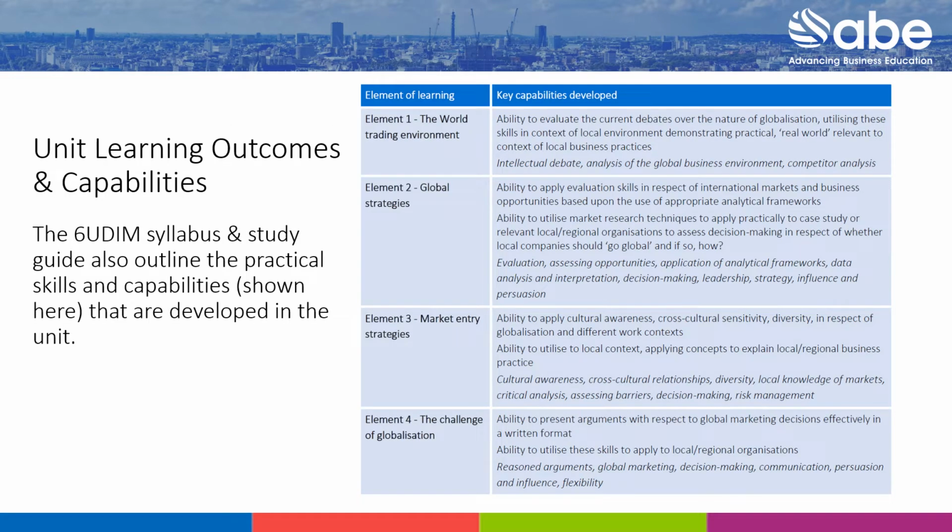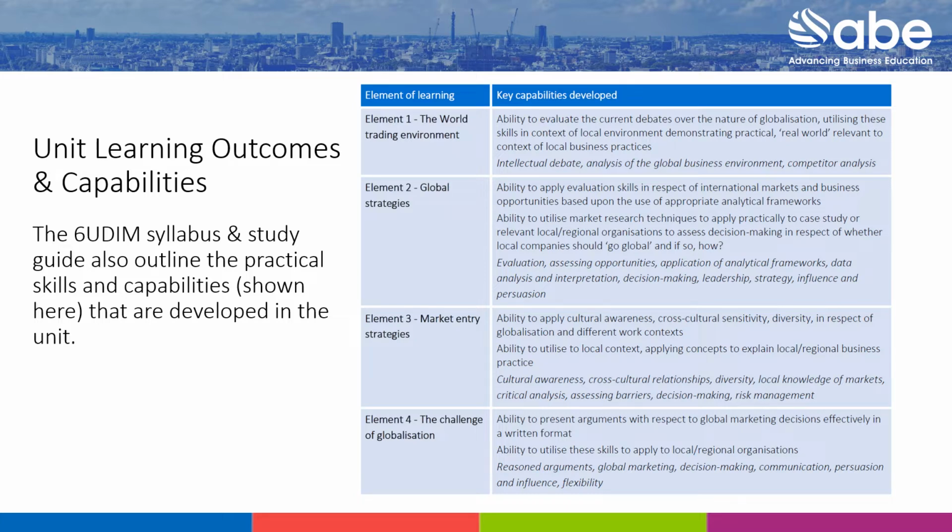ABE has also set out, as can be seen in this table, the behaviours, skills and attitudes that each learner will develop on completing 6 UDIM. Throughout, the emphasis is always on the real world and evaluation of international markets and worldwide business opportunities.